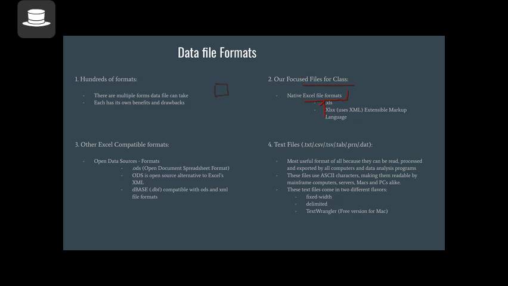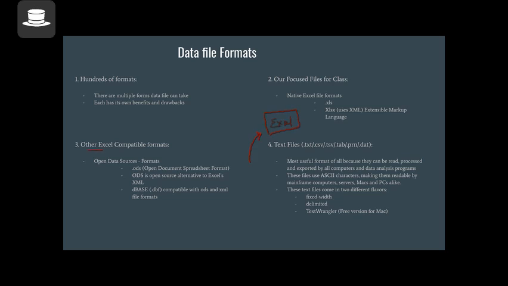Because we'll use Excel primarily, it is important to understand what other data files Excel can operate on. So in other words, we'll look at other Excel compatible formats.